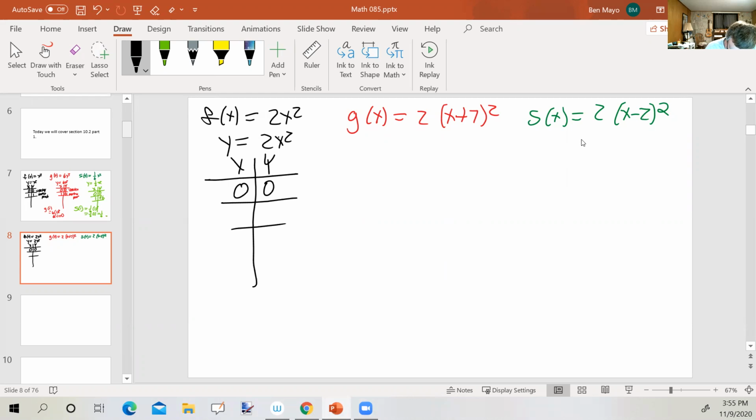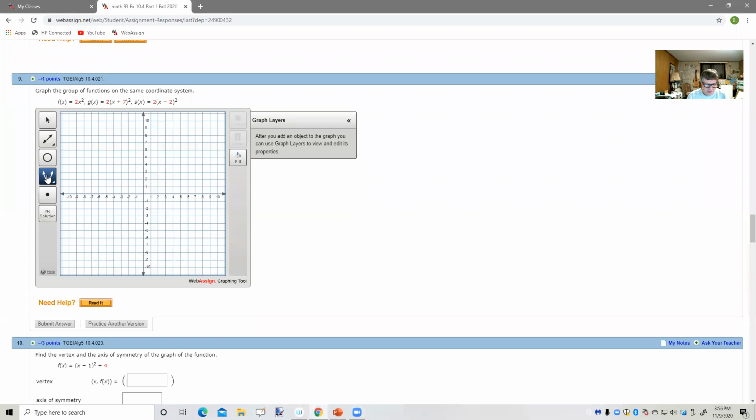And then when x is 1, f of 1 would be 2 times 1 squared, 2 times 1, or 2. So f of x equals 2x squared is at 0, 0, and 1, 2. I know this is taking a long time, but it's going to come in useful. Trust me. So 0, 0, and then 1, 2. So there's my first graph.